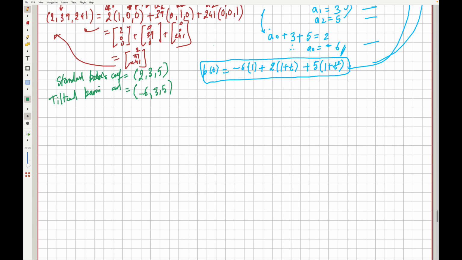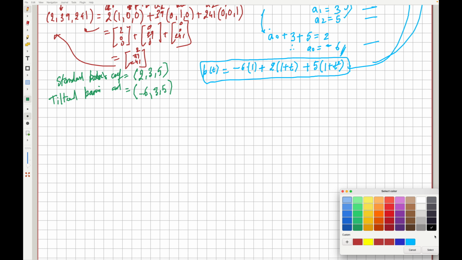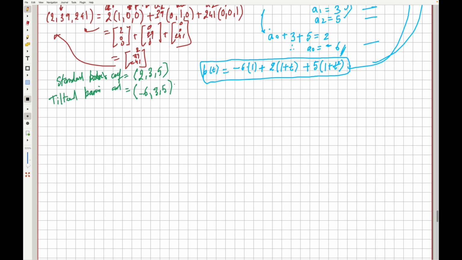So in summary, here is what we need to remember: when we are talking about spanning a space, what we are saying is how far our vectors can reach when we either scale them or add them together.